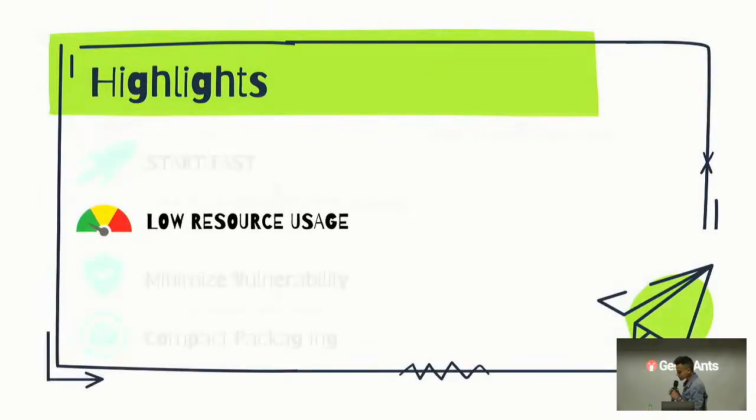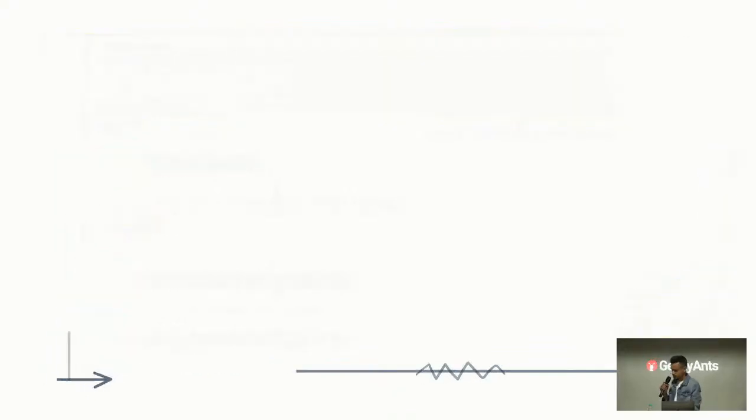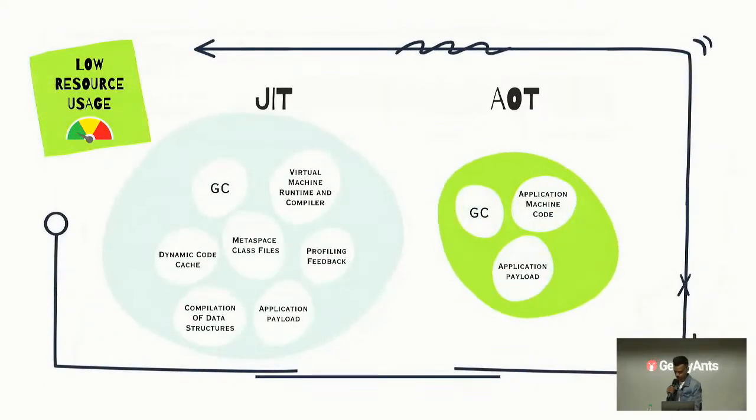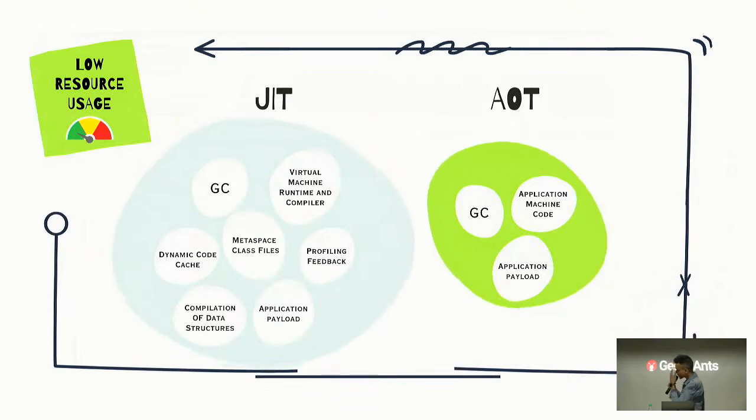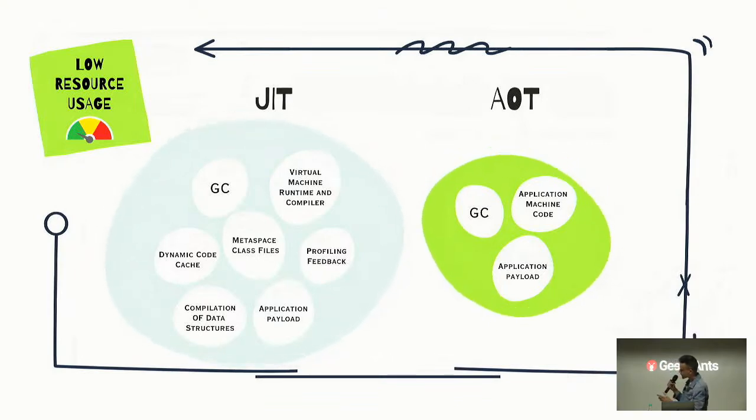So that was all about the fast startup, and it really helps to start up your application in a very short time frame. Next is low resource usage. Let's understand how it works. Here we will do the same comparison between JIT and AOT.